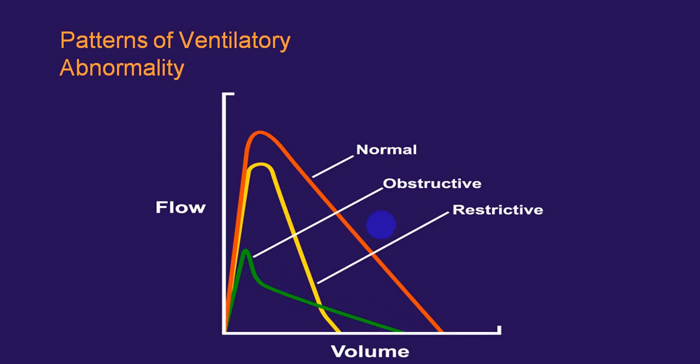That is more in favor of obstructive. While in a restrictive variety, flow is good, but this volume is markedly restricted. So by looking at the type of chart, you can say normal, obstructive or restrictive.